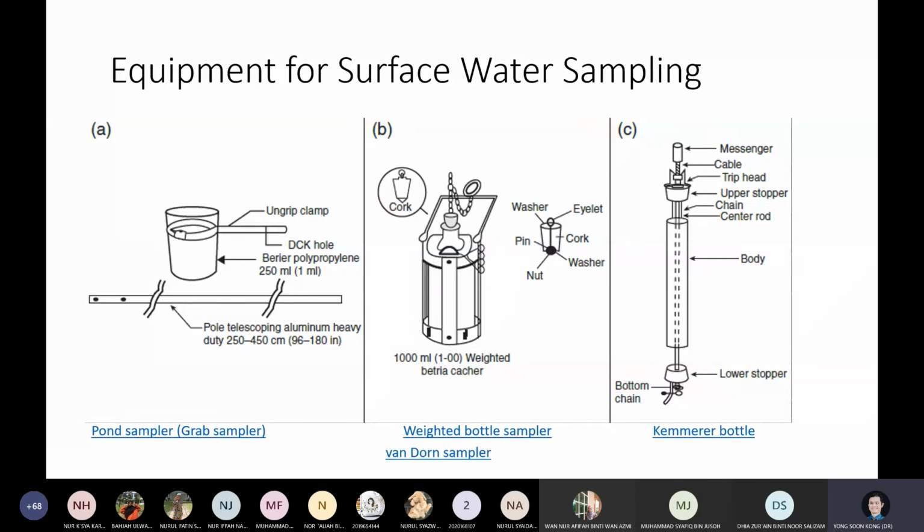By the way, next time when you're into the business of collecting environmental water, you are going to use C. C is what you're going to use. The one that our faculty, our department has, is B. And then A is possibly the least used lah, the pond or grab sampler.